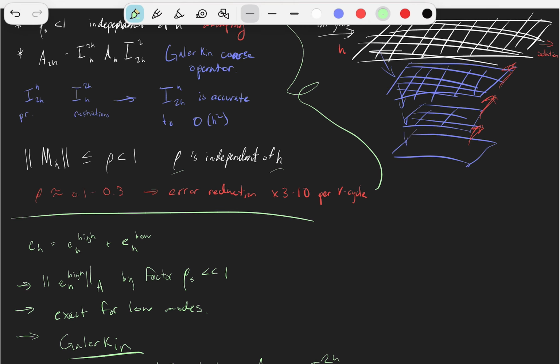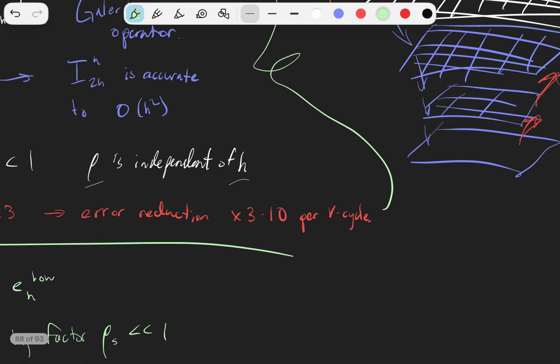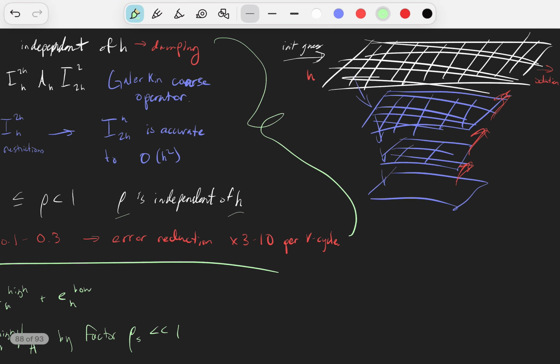The convergence is independent of the mesh size, and this would be order n complexity, where n would be 1 over h here. But yeah, the optimal complexity for n unknowns.